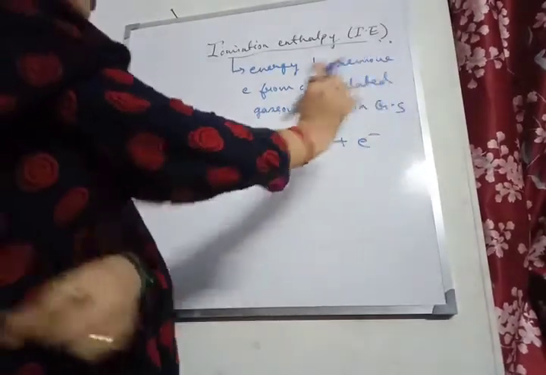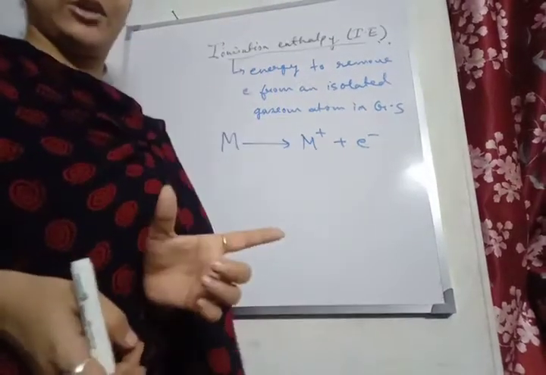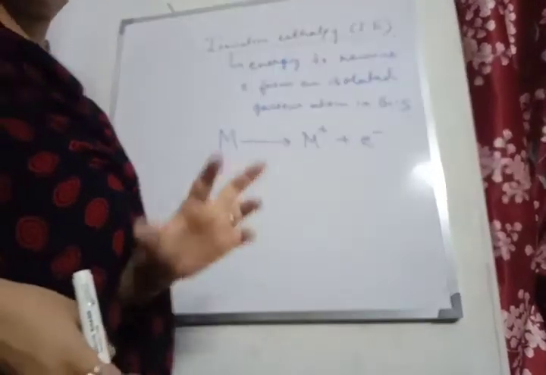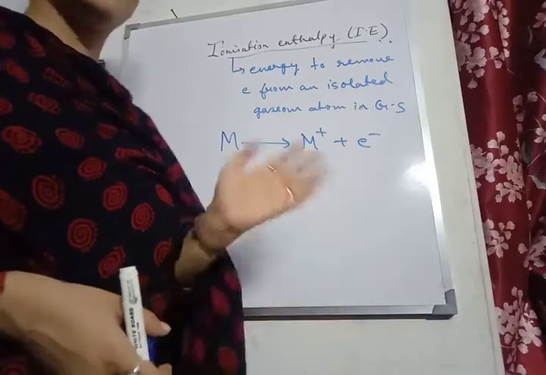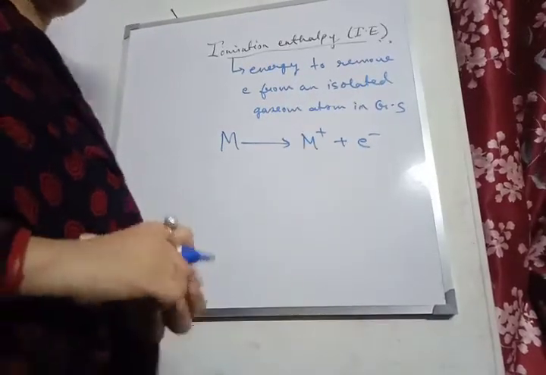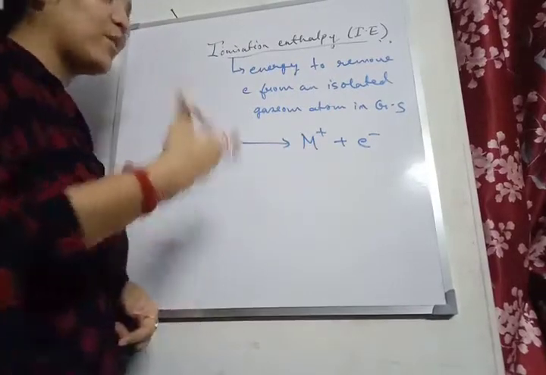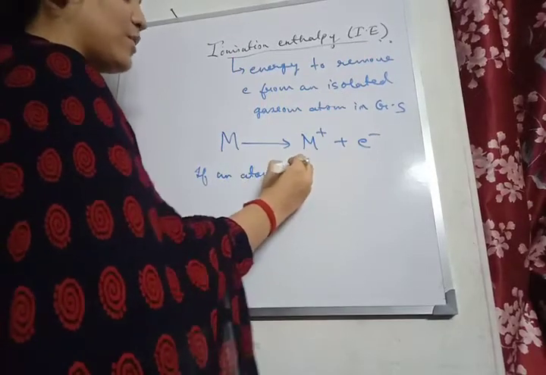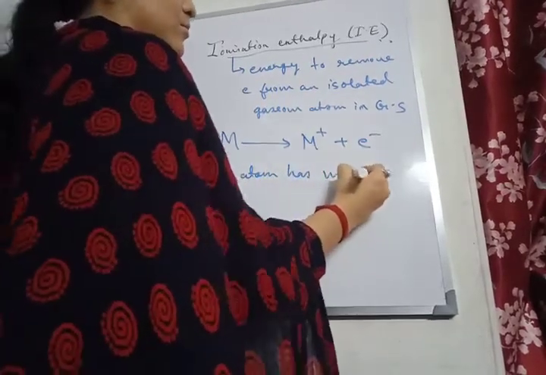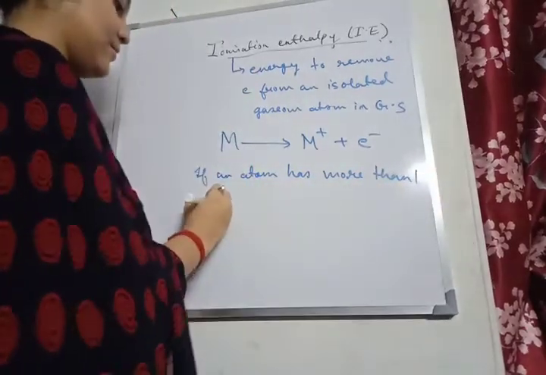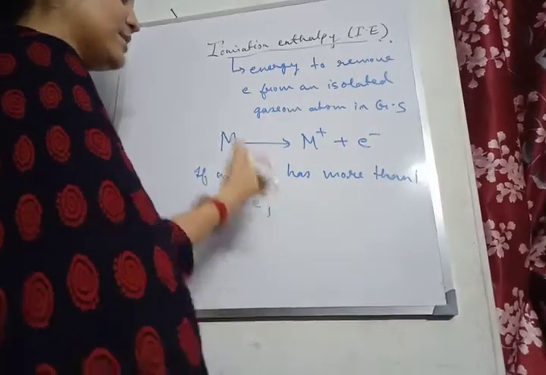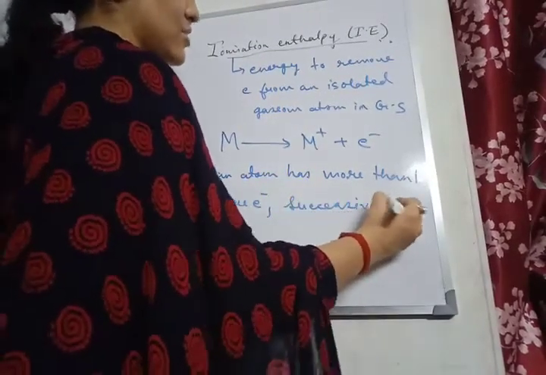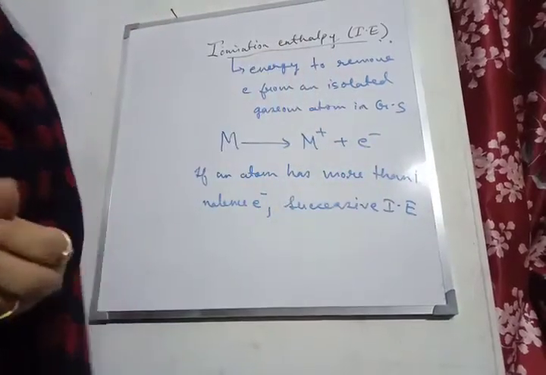Now if an atom contains only one valence electron, then obviously it can have only one possible ionization energy value. But if an atom has more than one valence electron, then the ionization energies are termed successive ionization energies, or successive ionization enthalpies or potential.